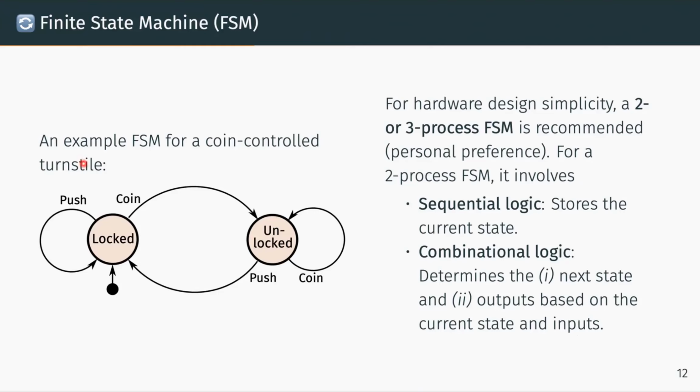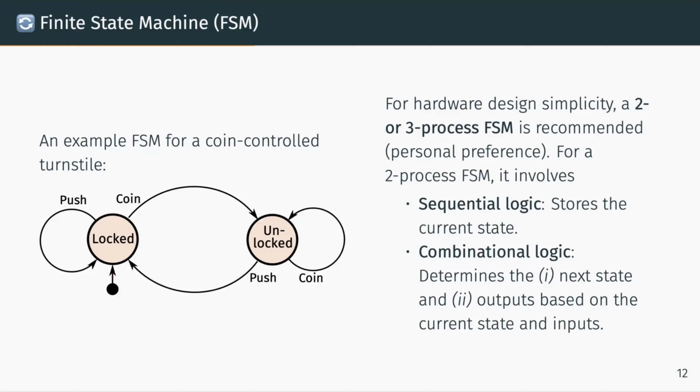For the FSM, here I show an example with a coin controlled turnstile. There are two states, locked and unlocked. We may use a coin and we may push the button. If the turnstile is locked and we insert a coin, then it will be unlocked.